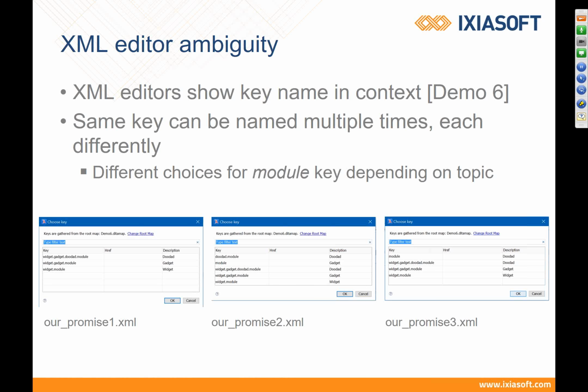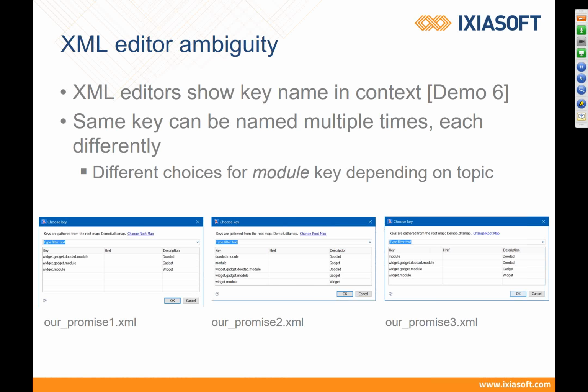So by qualifying key scopes, you can potentially limit the reusability of a topic, because now you have to ensure that that key space structure is present in every map where you're going to use that topic.